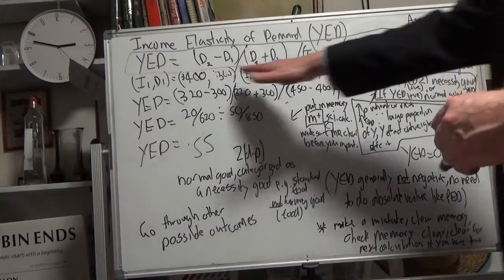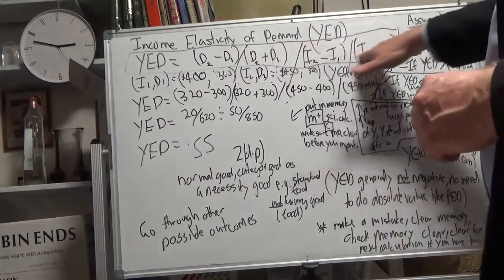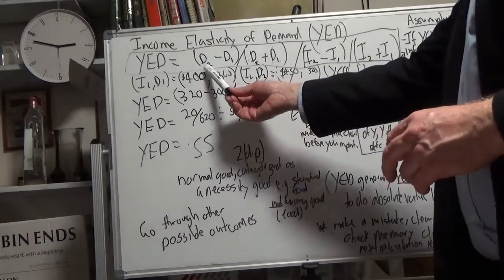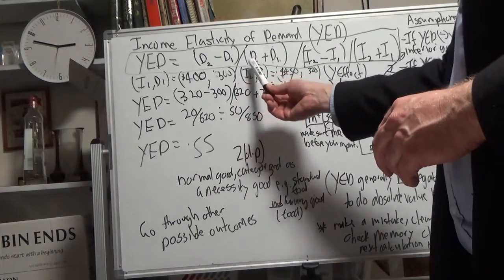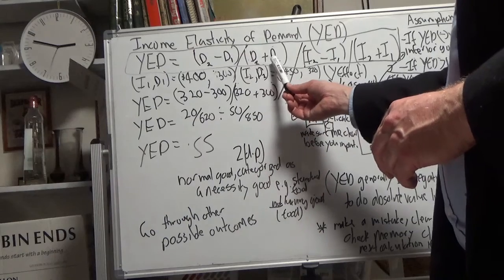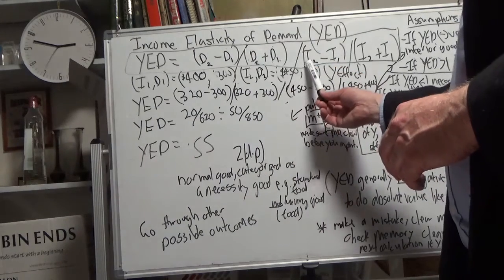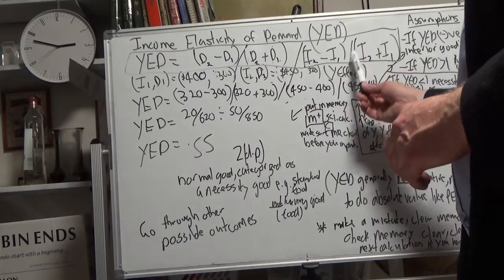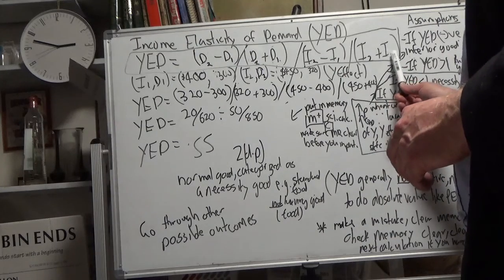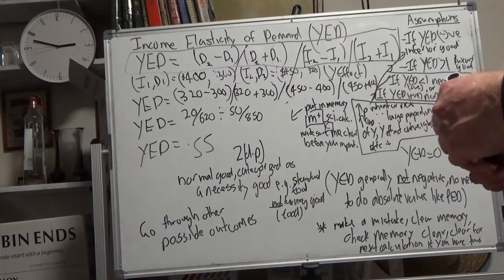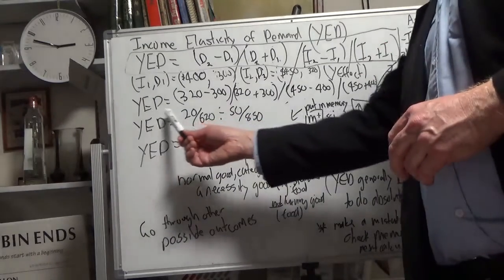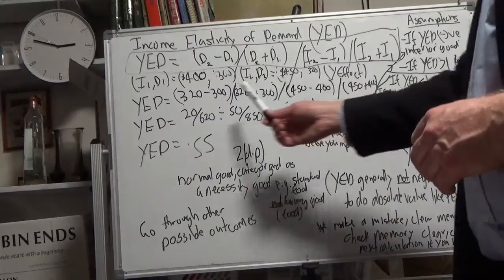So now we go ahead and substitute those values into the equation. D2 minus D1 over D2 plus D1, divided by income 2 minus income 1, divided by income 2 plus income 1. And that's the formula for income elasticity of demand. Now we substitute the values.